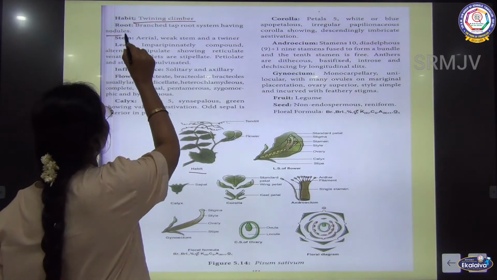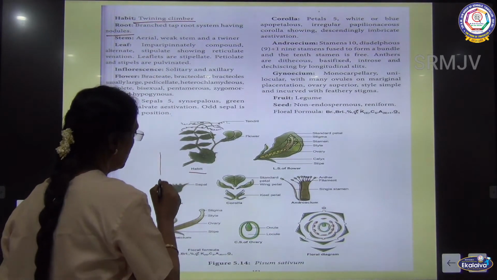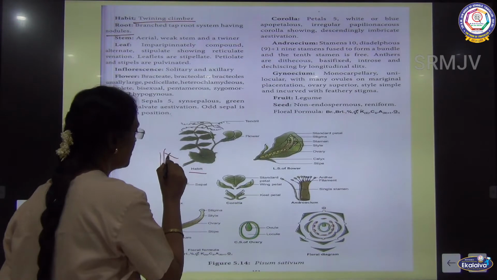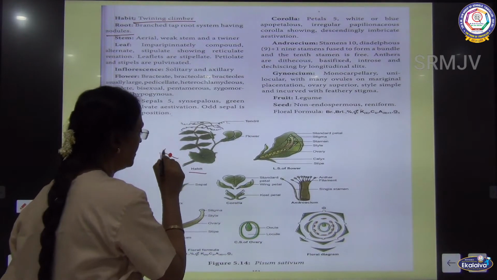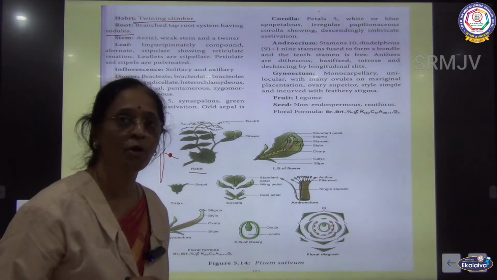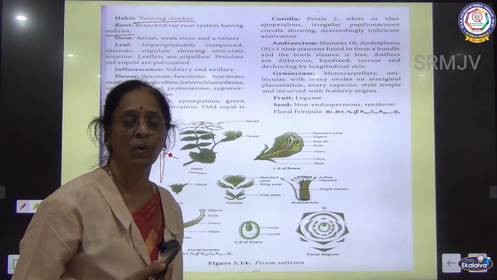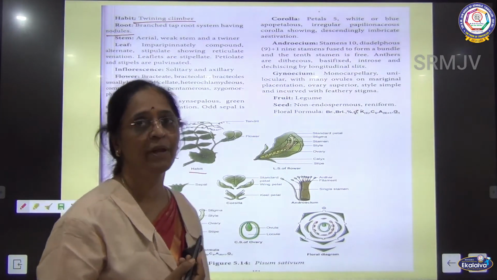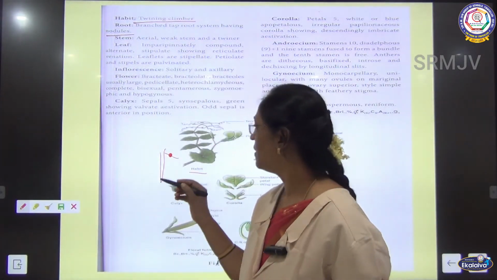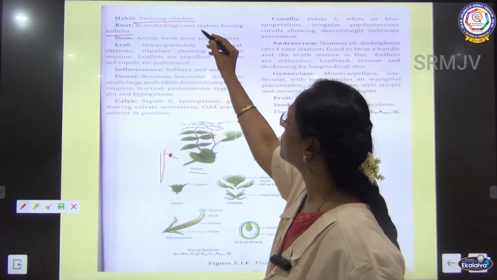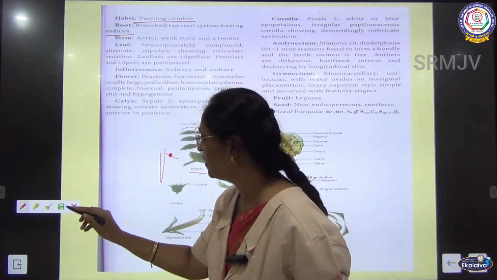You all know what nodules are. On the roots, the Rhizobium bacterium forms bacteroids, and you call them root nodules. And these root nodules help in fixing atmospheric nitrogen. So in this family, you will find that the roots have nodules.